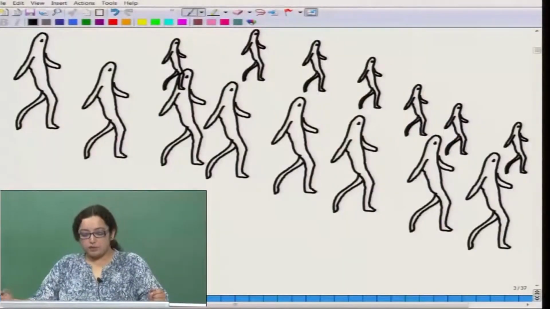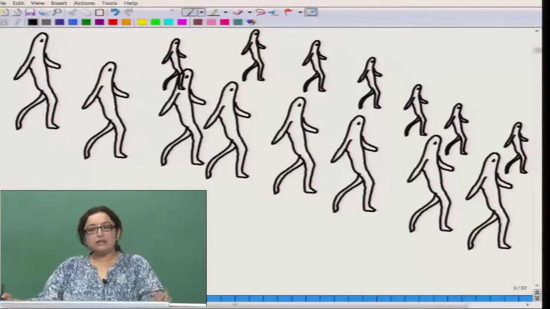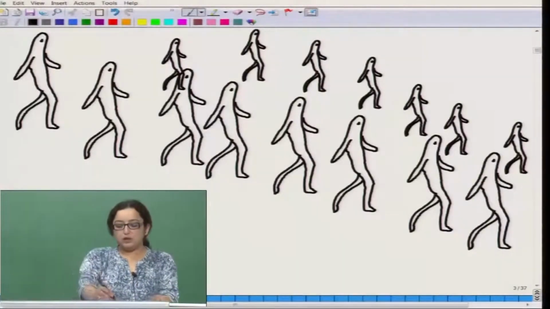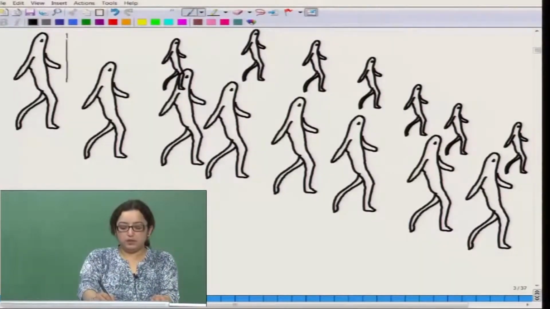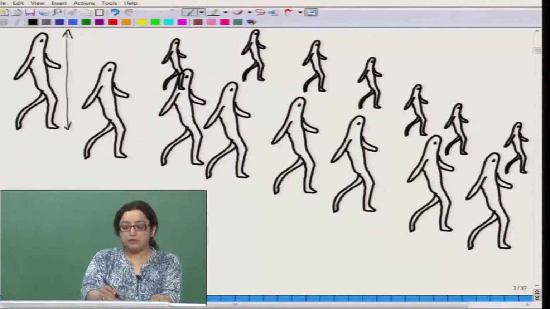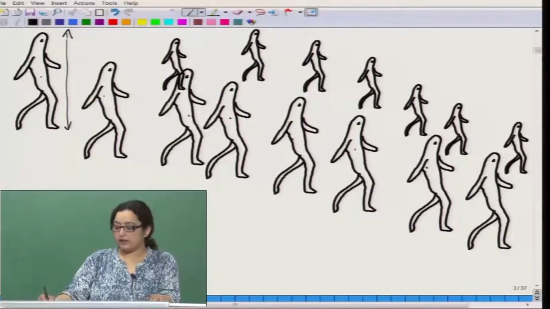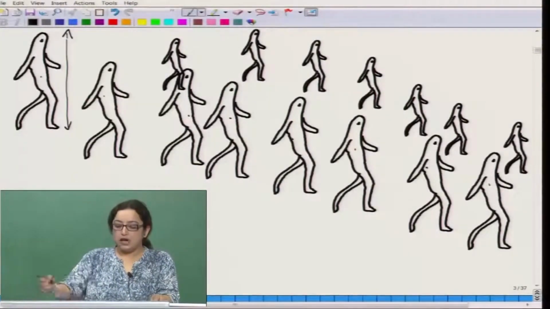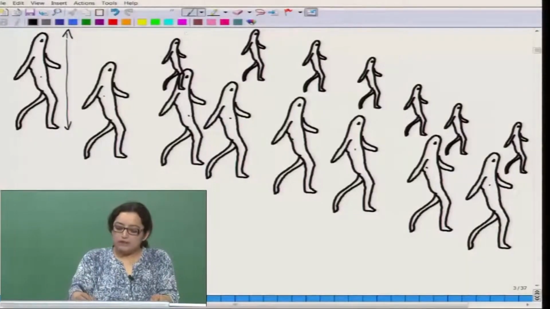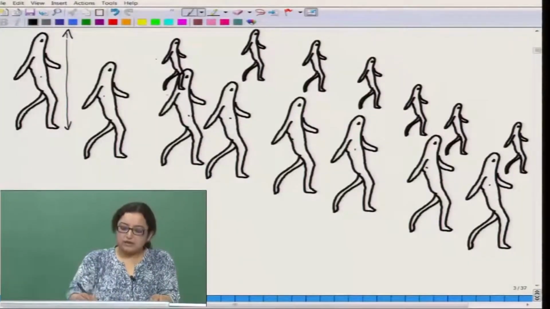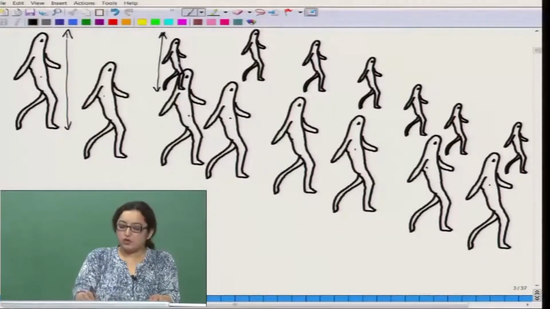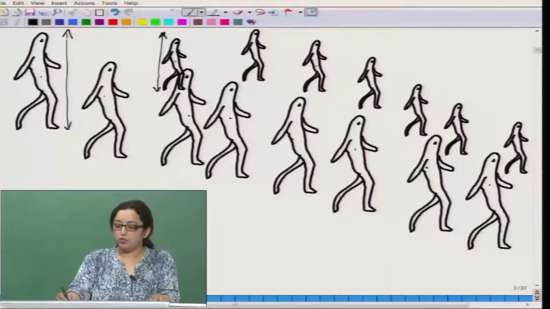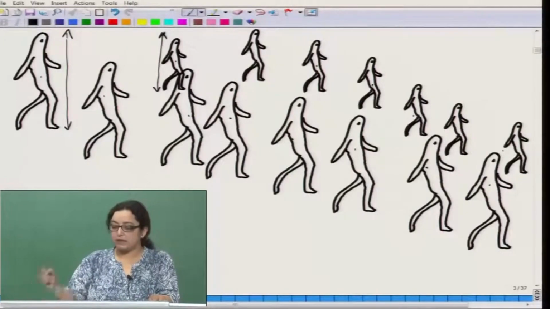So, by repeating a figure, we get a sense of movement. This is one character in a particular size that is getting repeated quite a few times. Let us count 1, 2, 3, 4, 5, 6, 7, 8 times. And another character who has the same physical structure, but is a little smaller in size, is getting repeated 1, 2, 3, 4, 5, 6, 7 times.